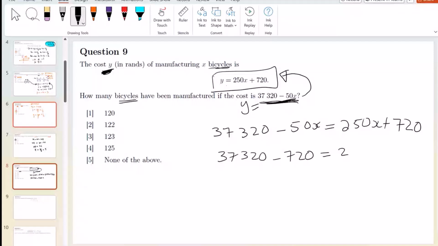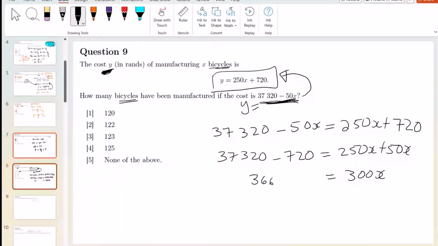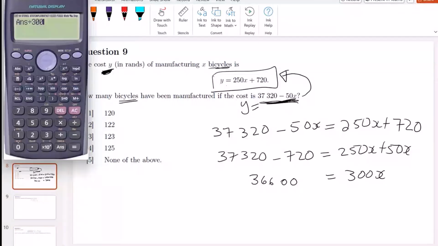So I just take a calculator there. If I take a calculator, I'm going to have 37 320 minus 720, which is 36 600. Now if I want to solve for X, I'm going to divide this number by 300. If I divide by 300, I'm going to get an answer of 122.